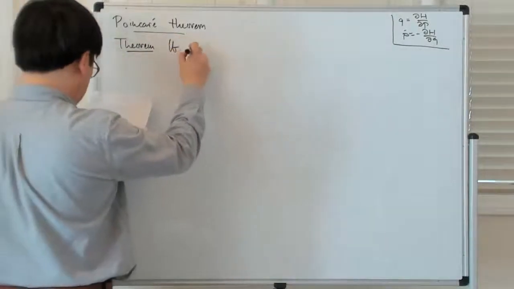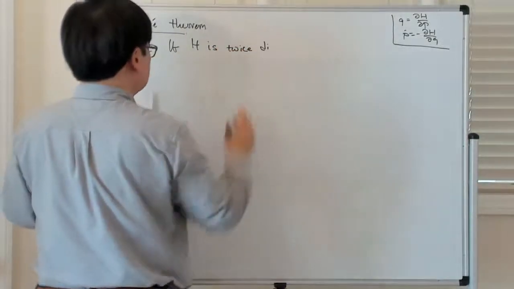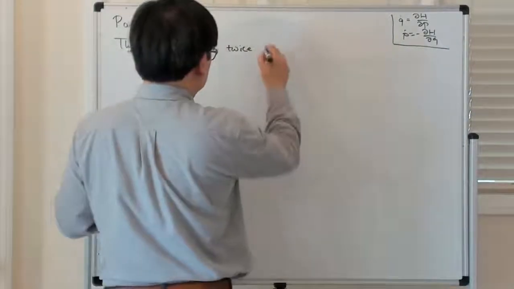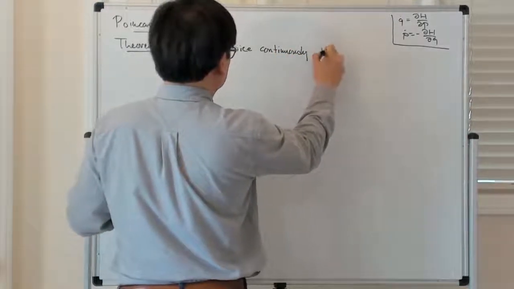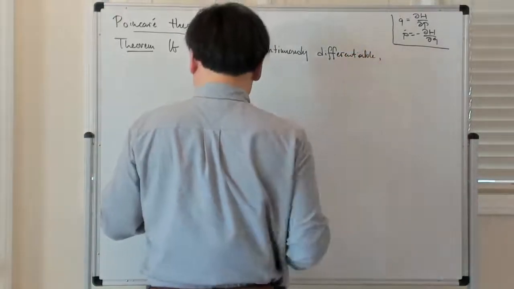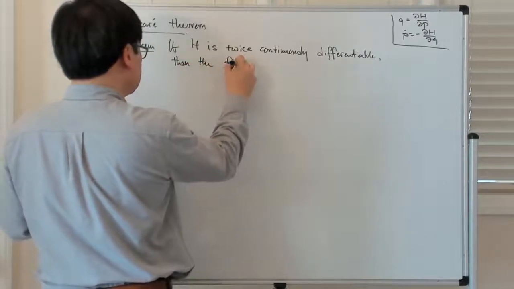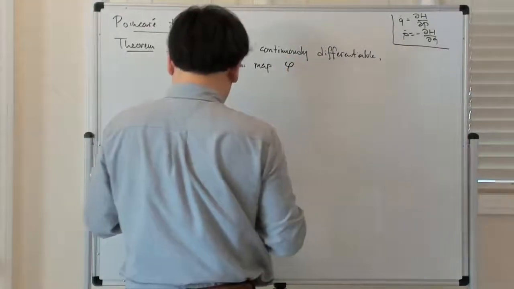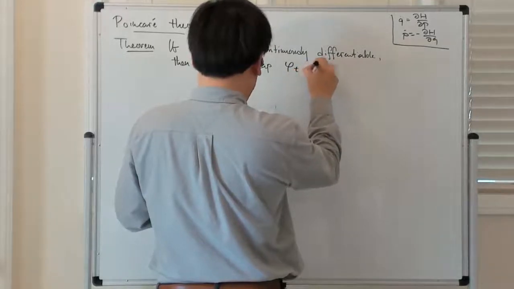If H is twice continuously differentiable, then the flow map phi of t of the Hamiltonian system is symplectic.